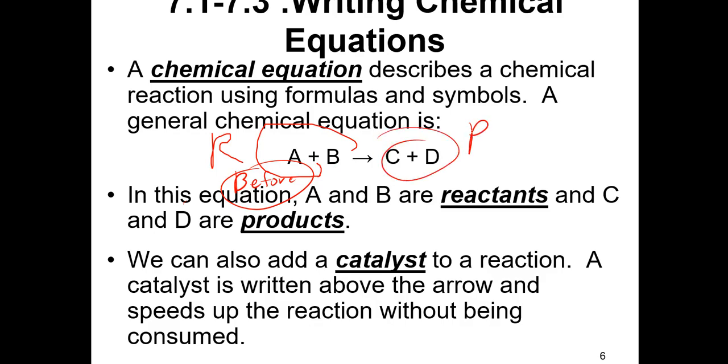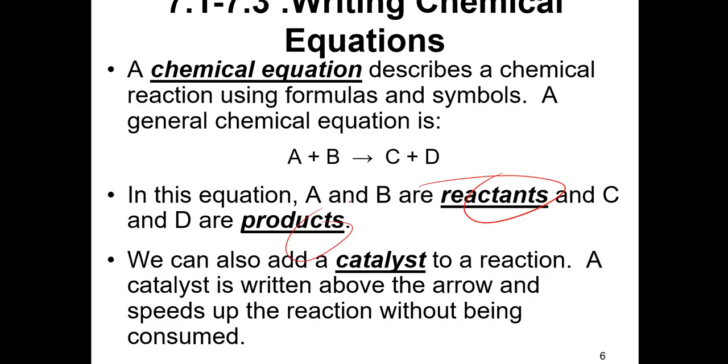C and D are the products. This is what's produced after a chemical reaction. And then this right here is a reaction arrow indicating a chemical reaction. Make sure you know those terms, reactants and products.